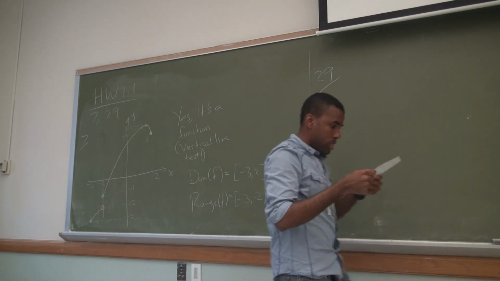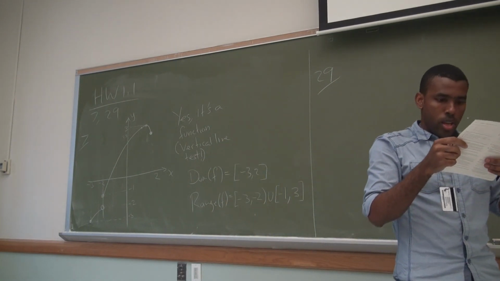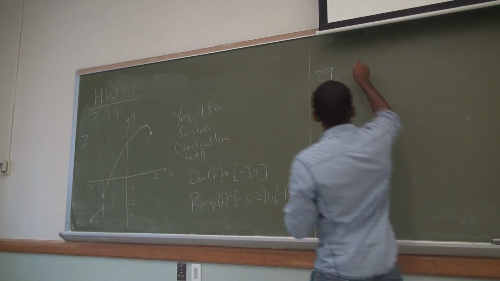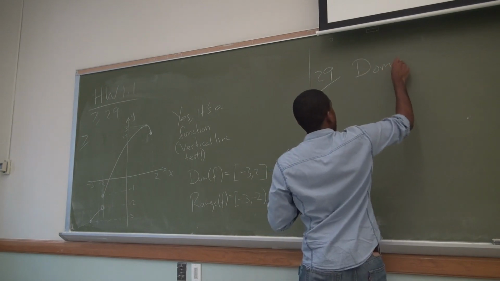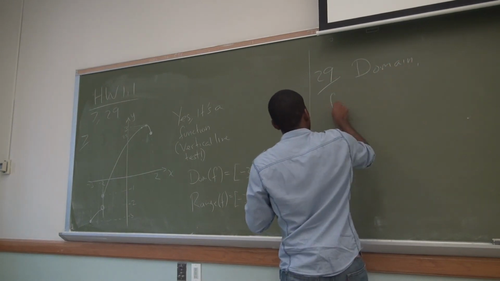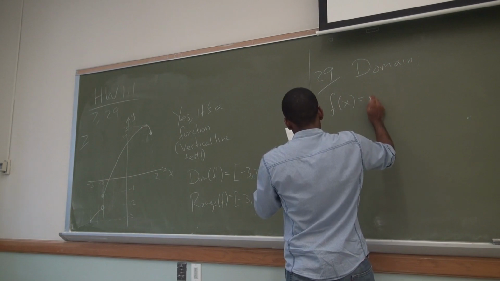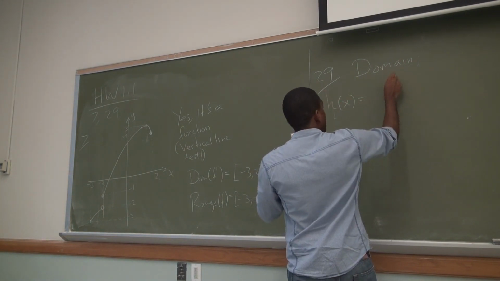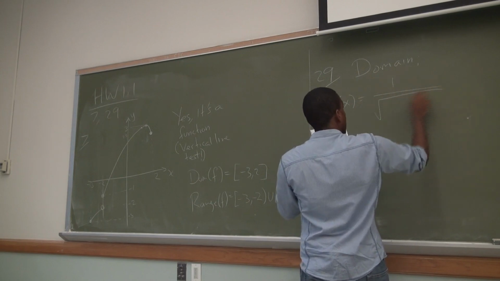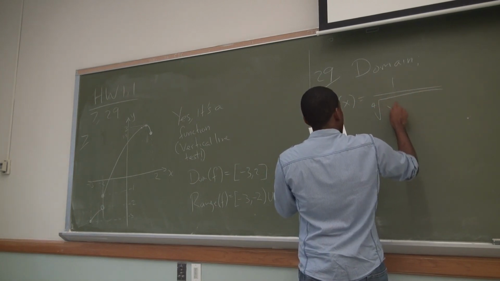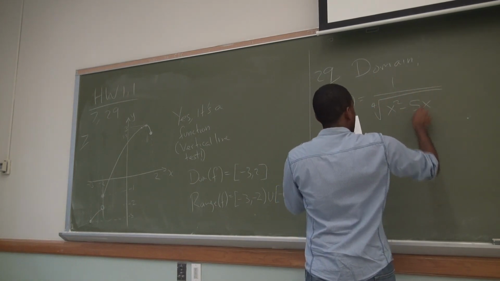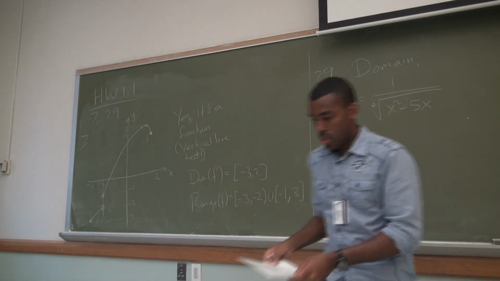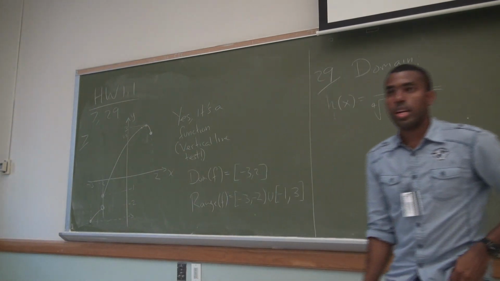We look at 29. Find the domain. F of x is equal to, well, it says h of x. Okay, how do we do this one?